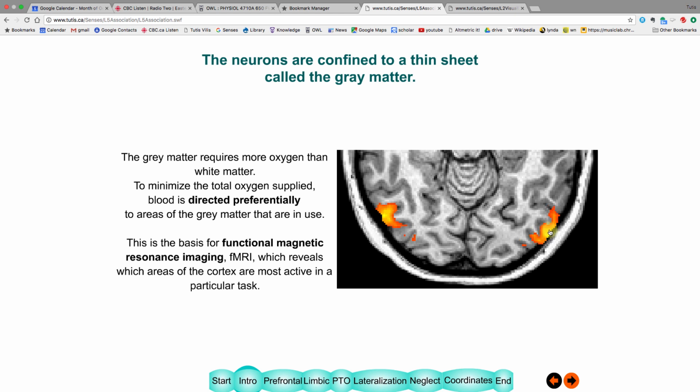And that property is what changes the magnetic resonance properties of that region and tells us how much oxygen is being utilized, and therefore we can assume how much activity there is in that one little part of the brain.